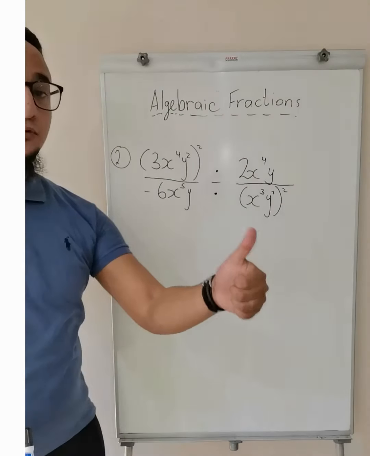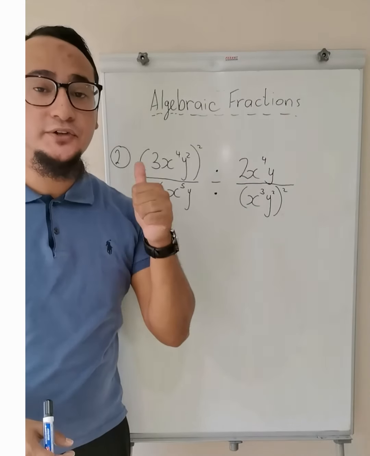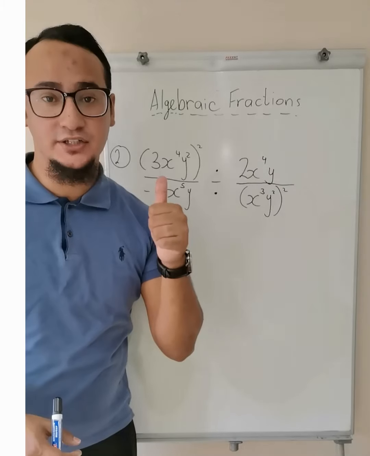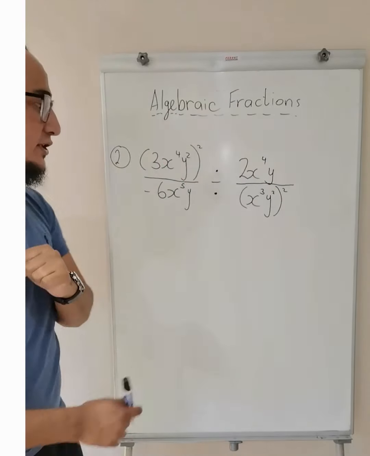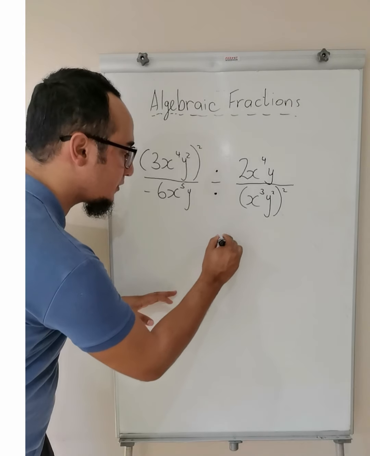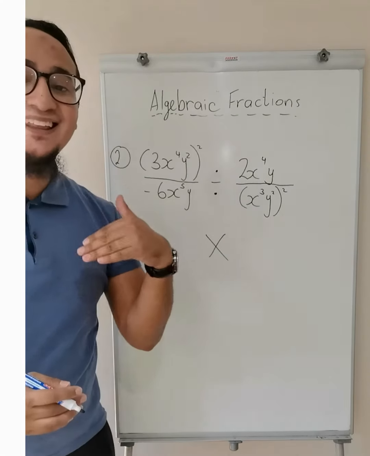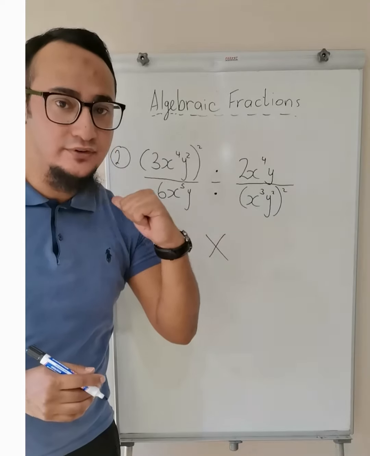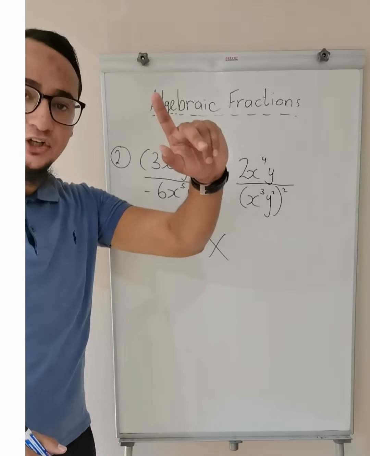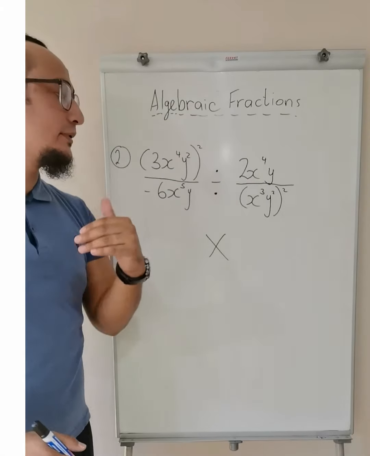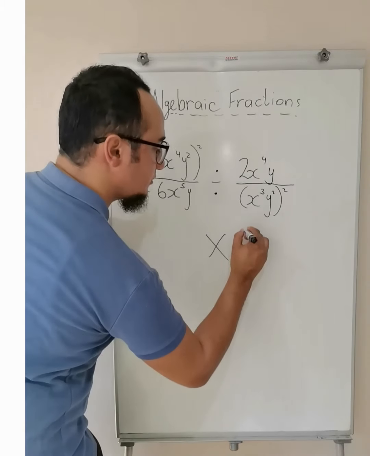Now, if I go back to 2 weeks ago, what do I do when I divide a fraction with another? Remember, I used the reciprocal. So I change my division sign into a multiplication sign, and the fraction after my division sign will also swap places. The numerator will become the denominator, and the denominator will become the numerator.